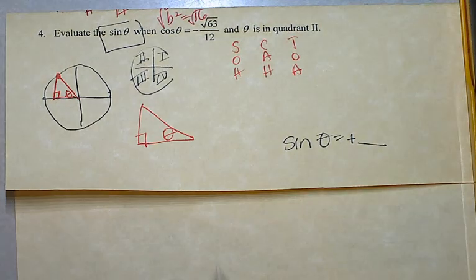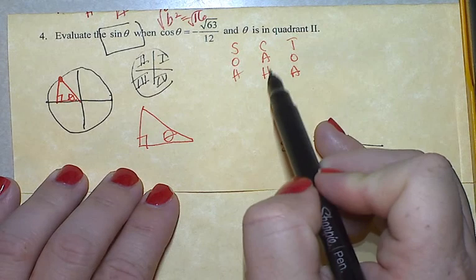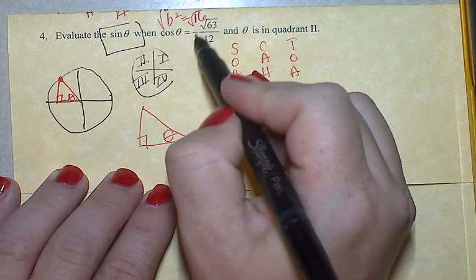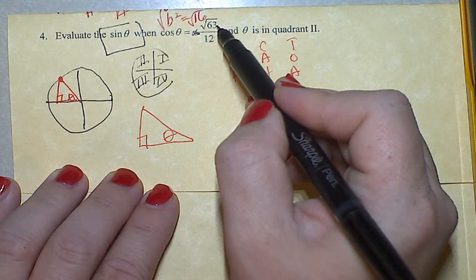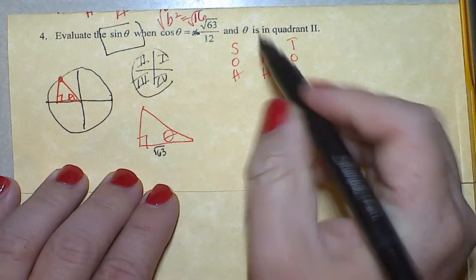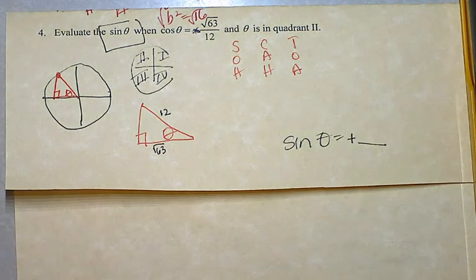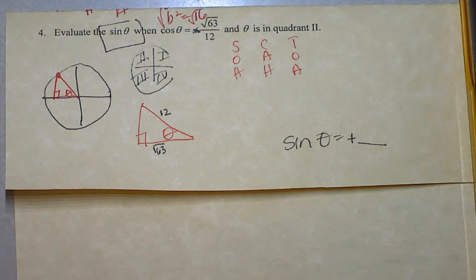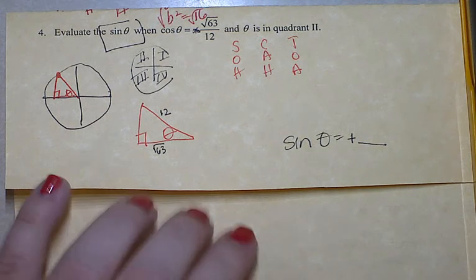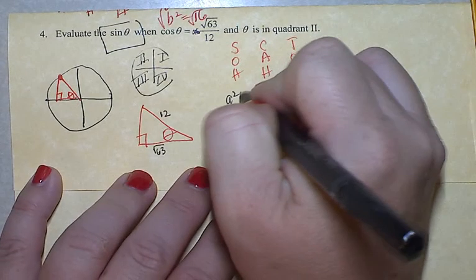Okay, let's draw this triangle. So, cosine is adjacent over hypotenuse. Forget about this negative. Adjacent to this angle is down here, radical 63, and hypotenuse is up here, which is 12. Again, that radical 63 can be reduced. We can do that together in a little bit. How do you find this missing leg? A squared plus b squared equals c squared.